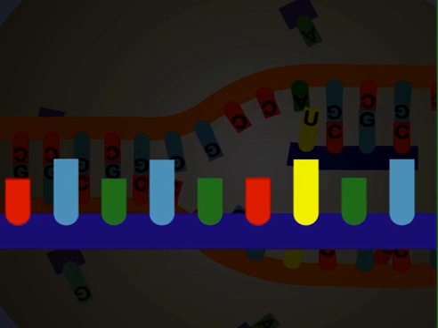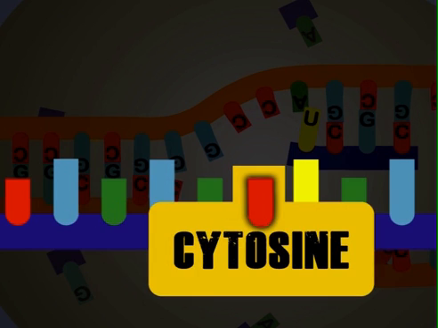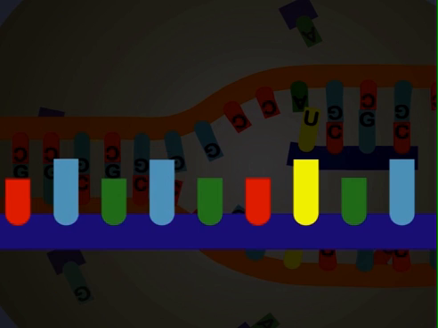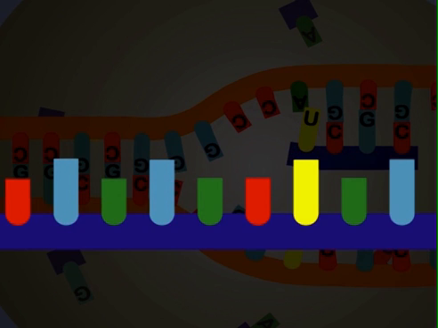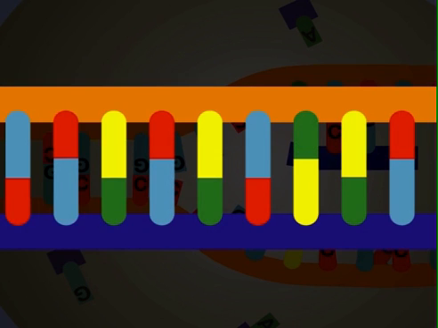Three of the four RNA nucleotides are the same as those of DNA: adenine, cytosine, and guanine. And one is different: uracil. Pairing of the nucleotides is essentially the same as in DNA, but in the messenger RNA copy, uracil replaces DNA's thymine.